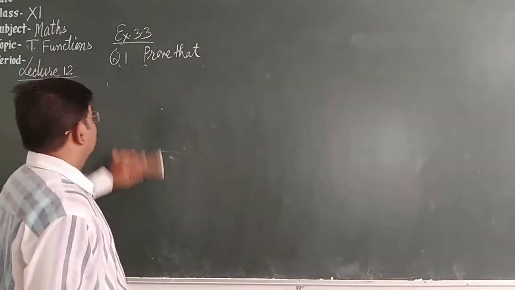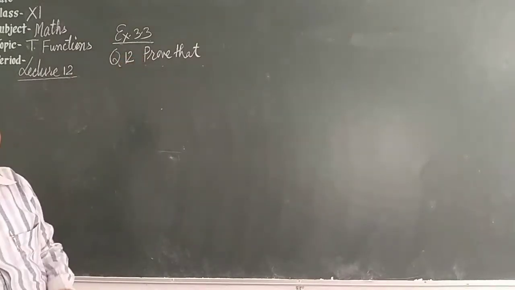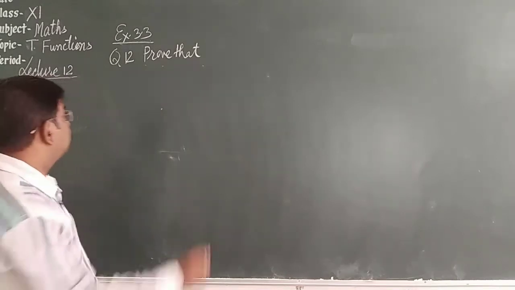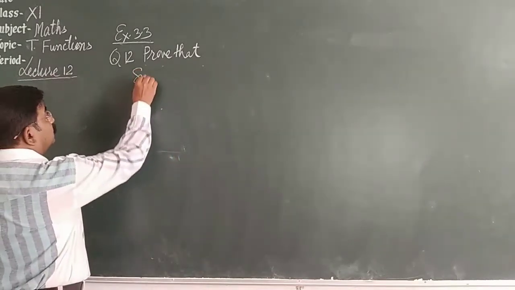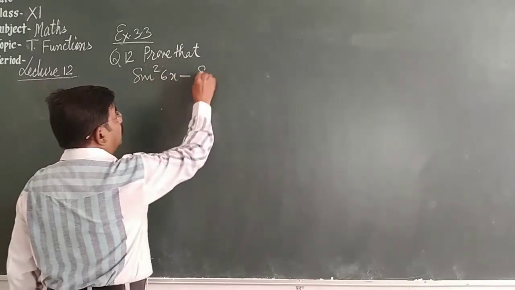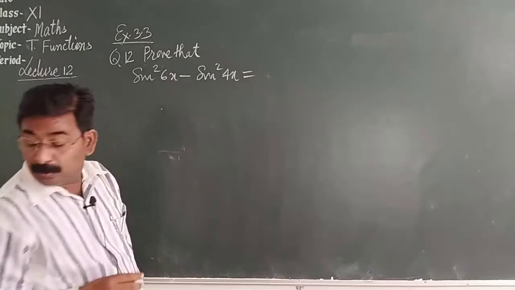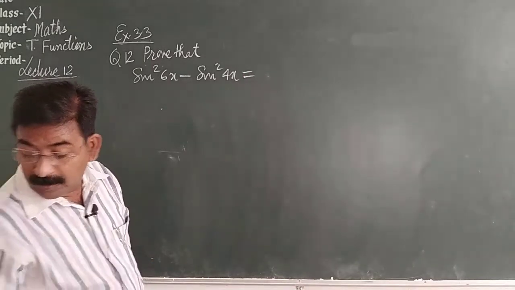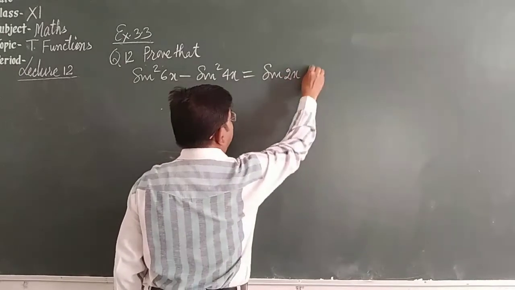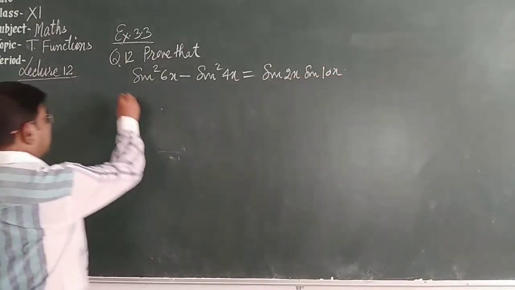See, question number 12 is given: sin square 6x minus sin square 4x is equal to sin 2x sin 10x. Take left hand side.